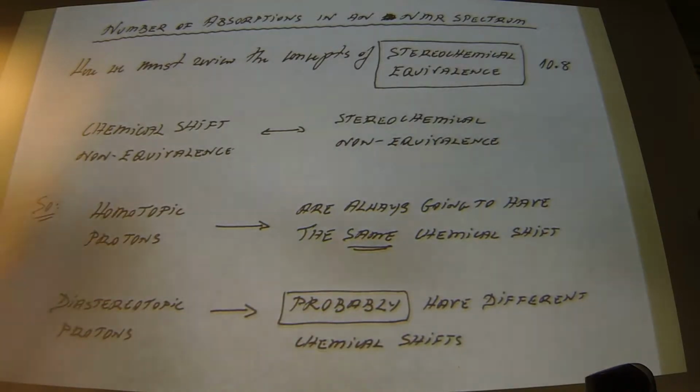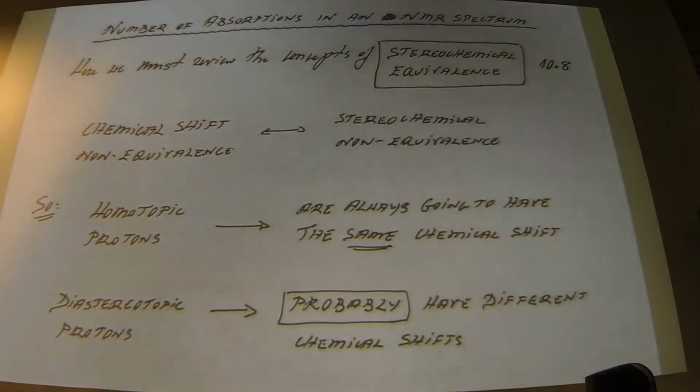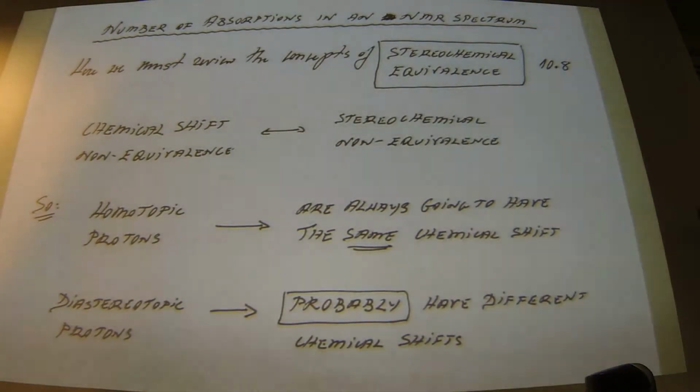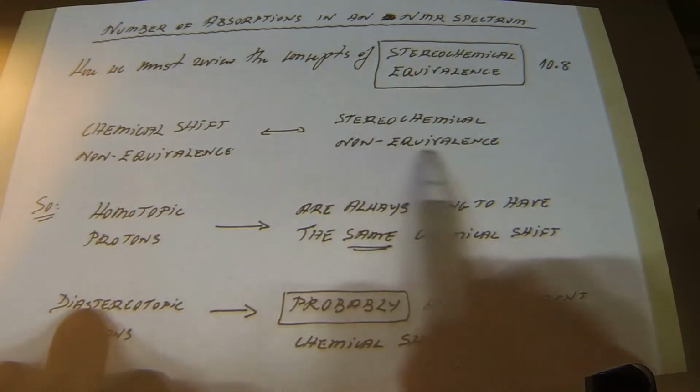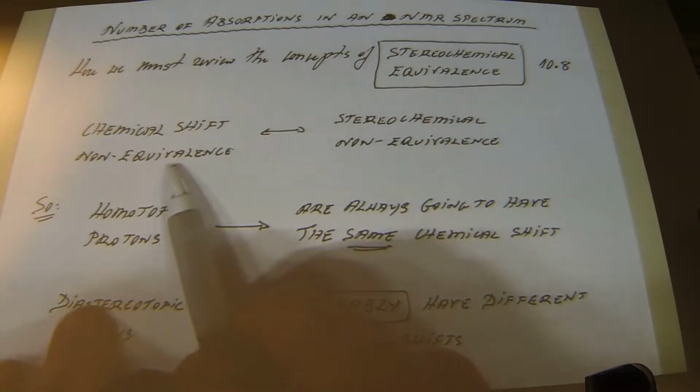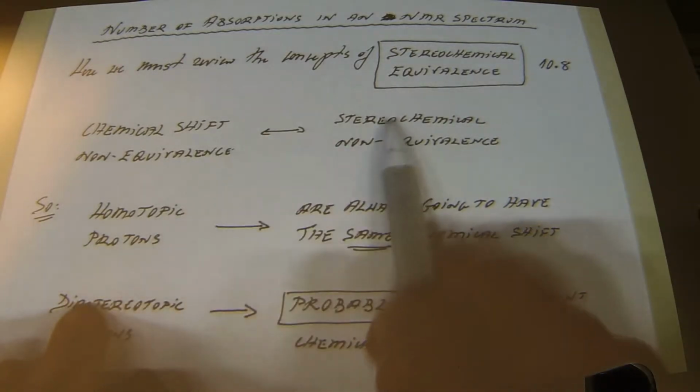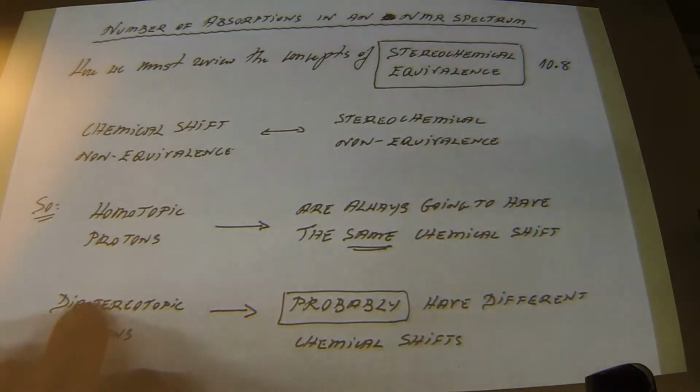So we're going to be interested in the same molecule. If we have a proton here and a proton there, are those going to give separate peaks in the NMR, or for some reason are they going to be under the same peak? And the rule is this: if they are stereochemically non-equivalent, then they will be chemical shift non-equivalent too, which means stereochemical non-equivalence means you're going to have two different peaks for two protons. So what does that mean?